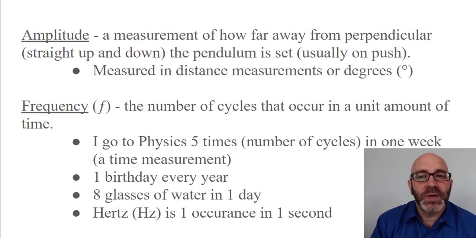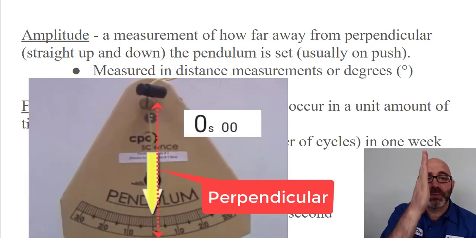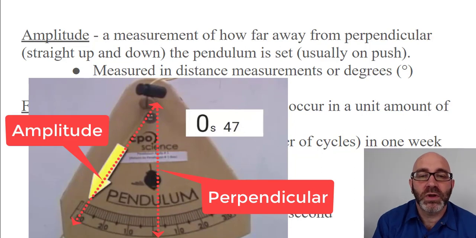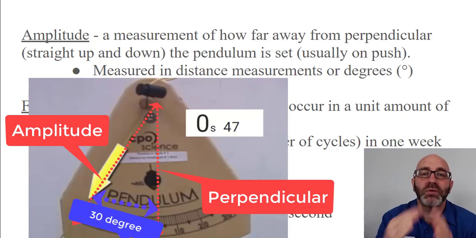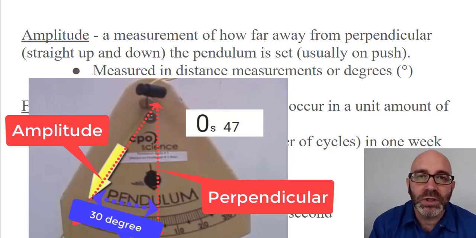Amplitude is the measurement of how far away from the perpendicular, that's straight up and down, a pendulum is set, usually on a push. Now, you can measure amplitude in distance, but most of the time in pendulums, you're talking about angles. And so you measure it in degrees.